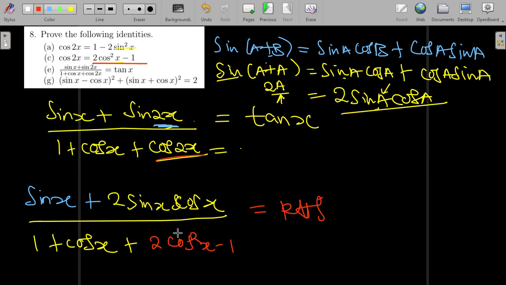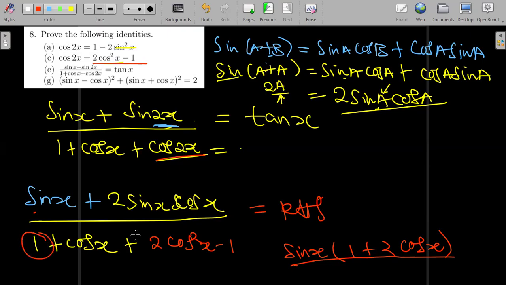From here, we factorize sine x on top. What remains is sine x times (1 plus 2 cos x), divided by, down here, this positive 1 and this minus 1 cancel each other out, it's just going to be 0.